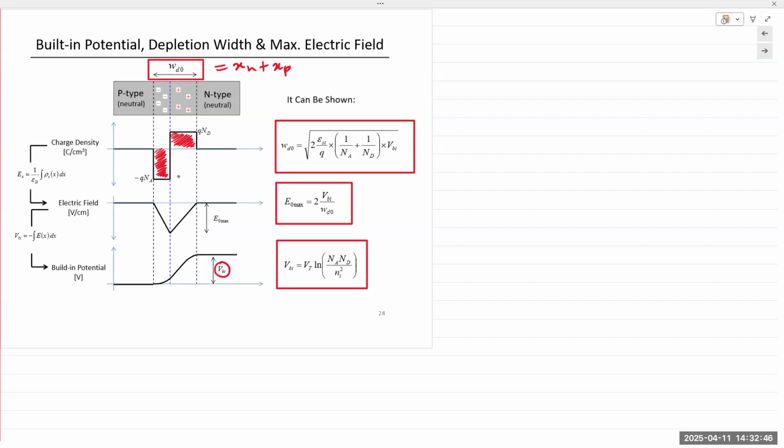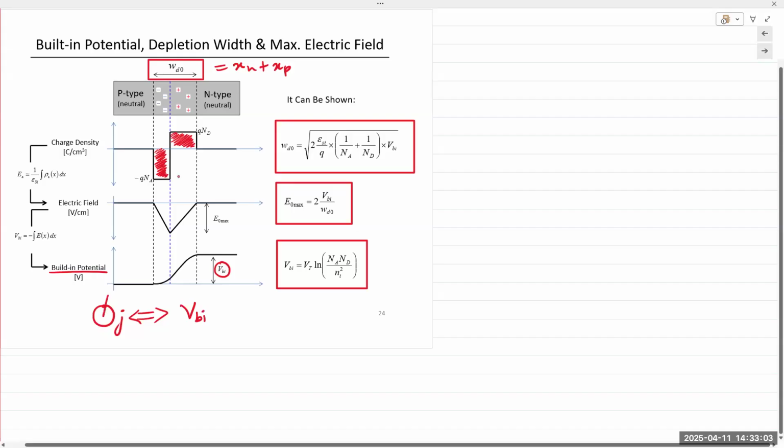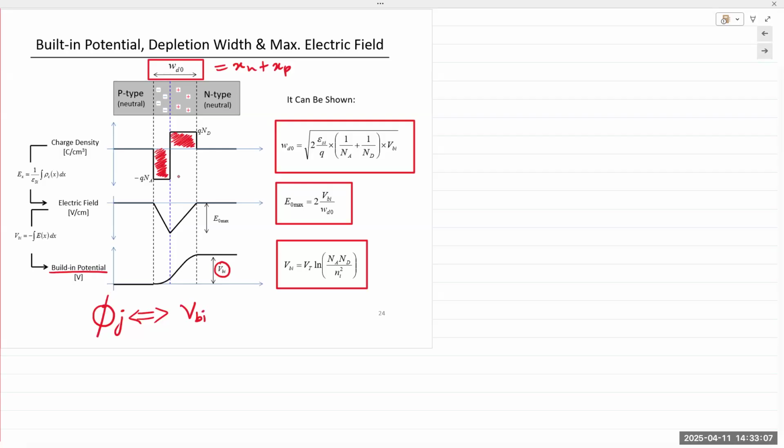In other EE books, it is also represented as phi J. Built-in junction voltage, built-in voltage, or the Greek letter phi J.